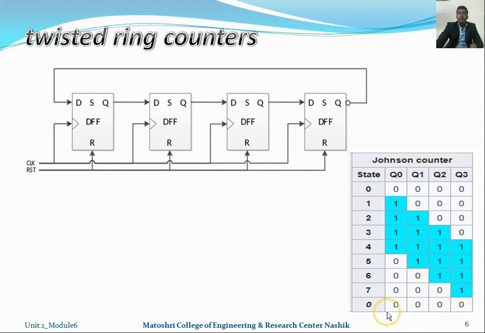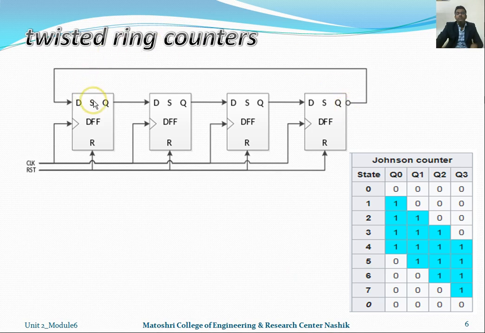At the 8th clock pulse we get the same data as at the 0th clock pulse, so the initial data and final data are the same. This is the state diagram for this Johnson counter, and in this way the data continuously rings.